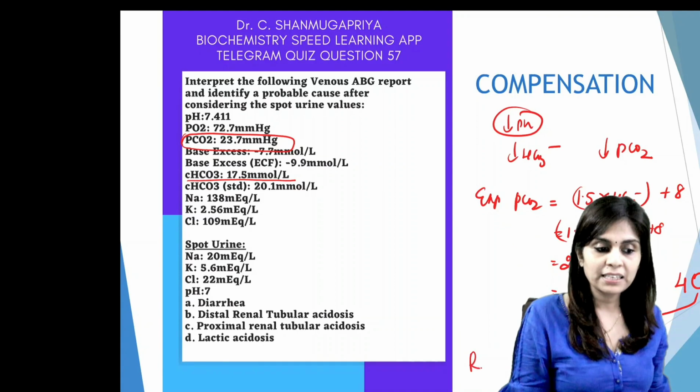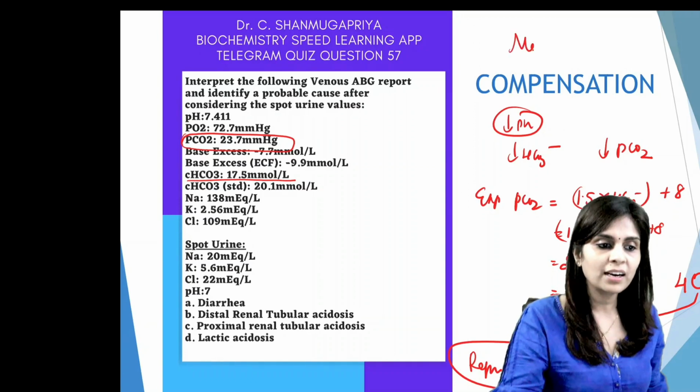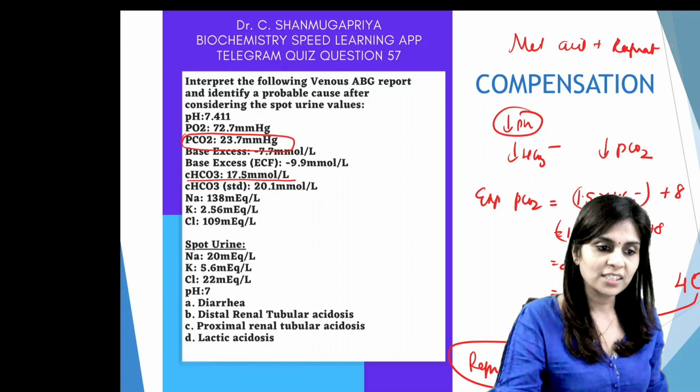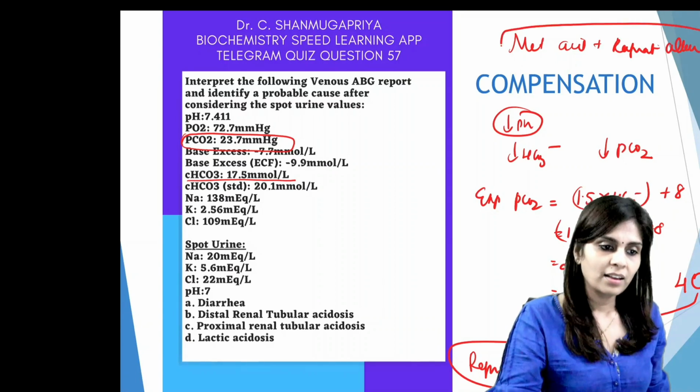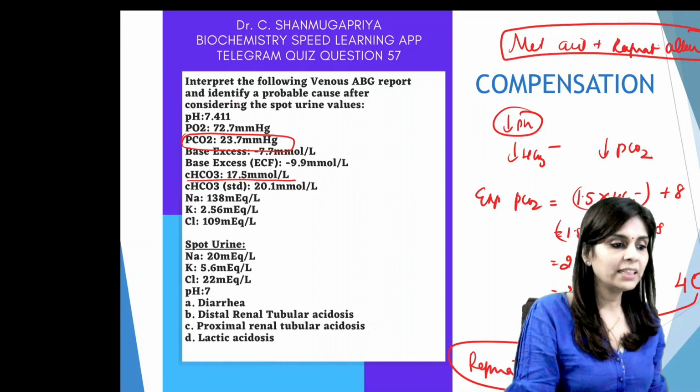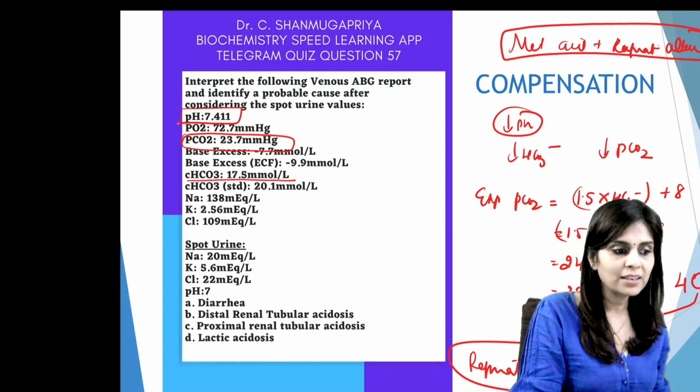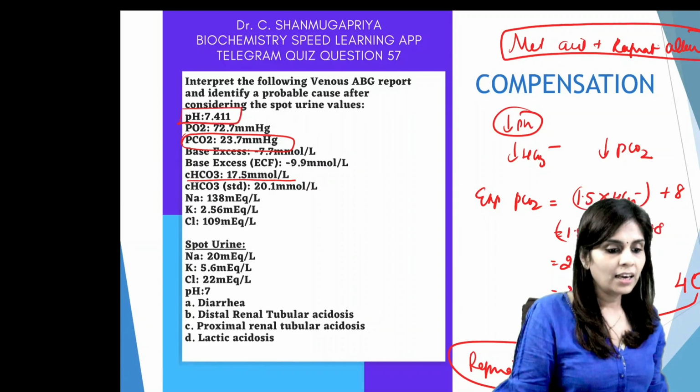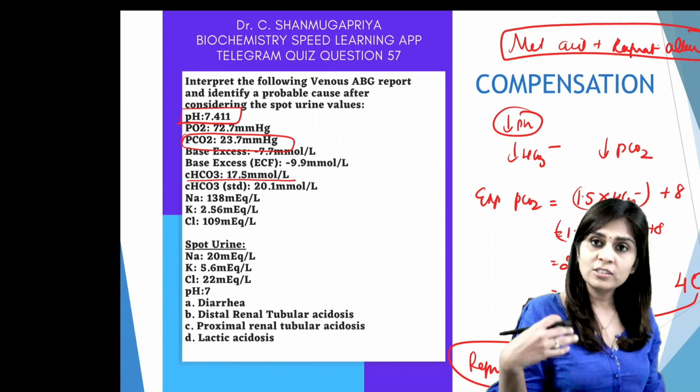That is respiratory alkalosis. So I know that this is a condition of metabolic acidosis plus respiratory alkalosis. Okay, that is why the pH is maintained in the normal range. Okay, now this is also confirmed.